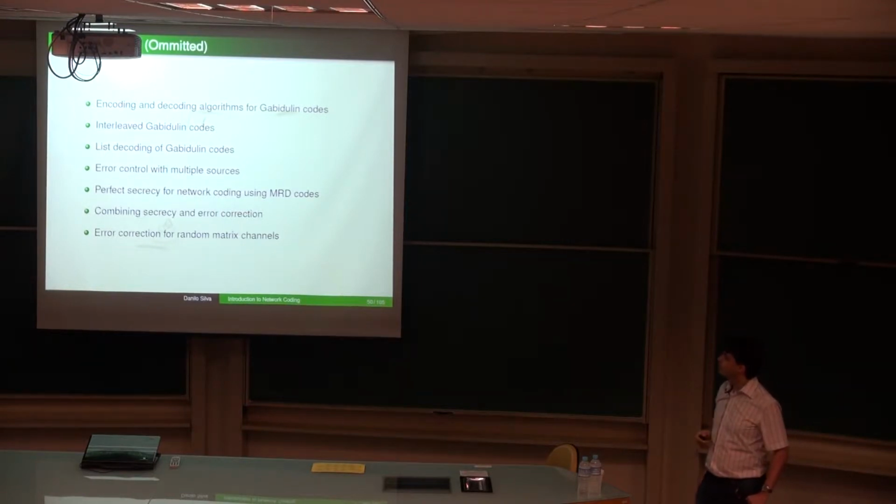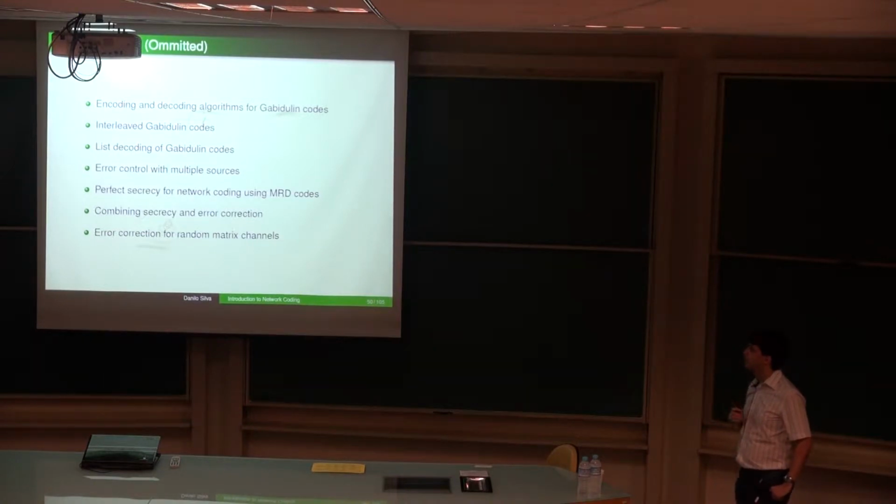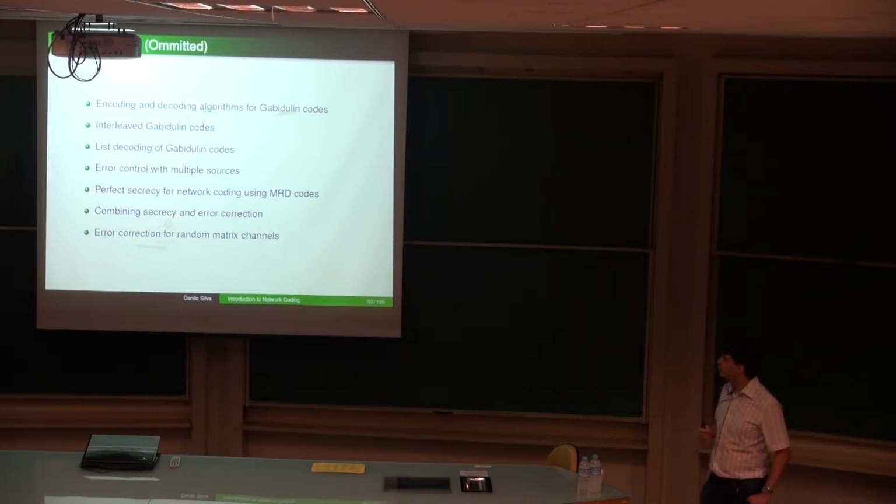There are many other topics that I didn't discuss, that I can tell you about if you're interested. Encoding and decoding algorithms, interleaved Gabidulin codes, a very interesting family of MRD codes. You can do list decoding. There are ways to do error control with multiple sources, perfect secrecy against an eavesdropper again. You can try to combine secrecy and error correction. That's another application.